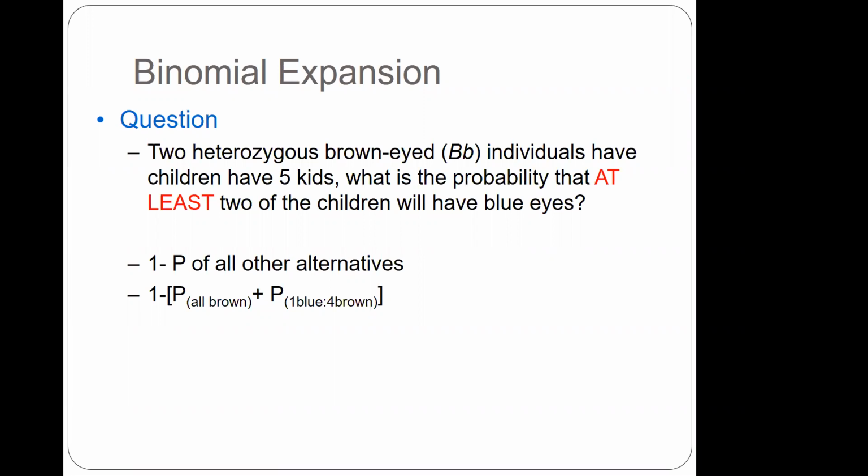Or they have 4 kids with blue eyes. But we know that the probability for each one of these is independent of the others, right? But also exclusive from it. So we can say, well, we can't just take those probabilities and just multiply them. That won't work. We have to take those probabilities and add them.